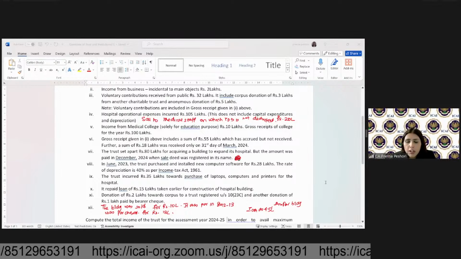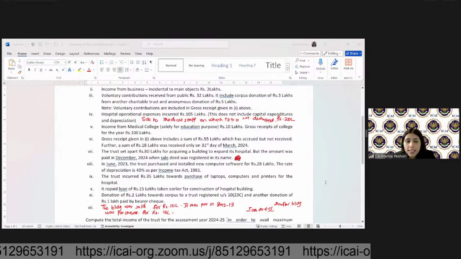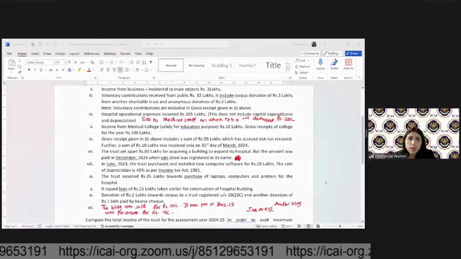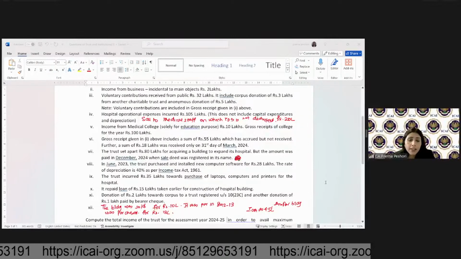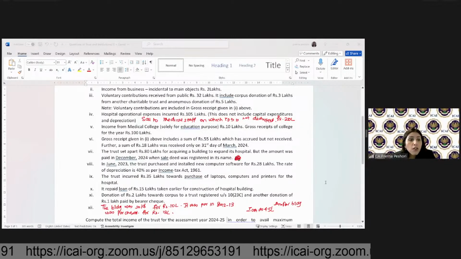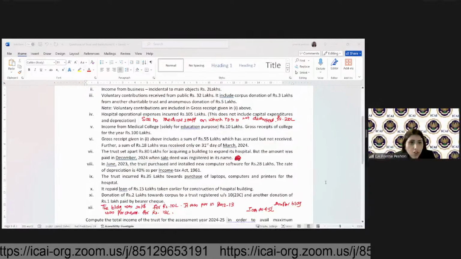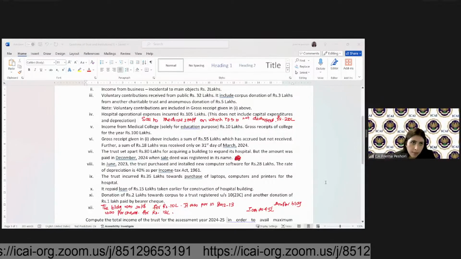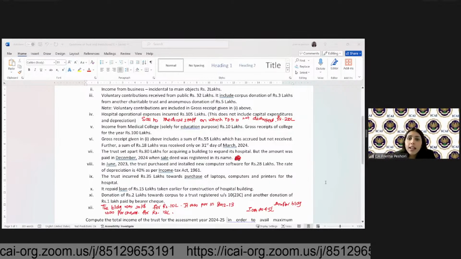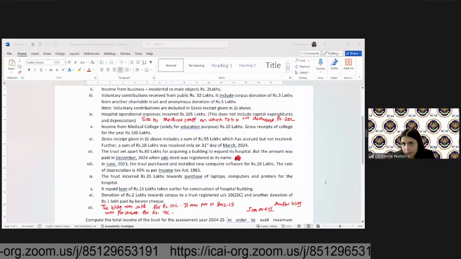In that case, will I be allowed this as an application? Will I also get the depreciation on that? When you consider the computer as application, the depreciation on the same will again not be allowed as application. Are we getting that particular point? So in this situation, we will allow the computer but not the depreciation on that.